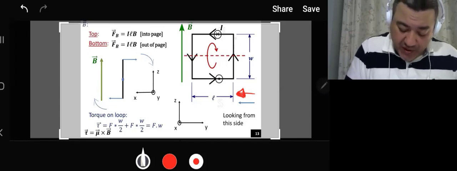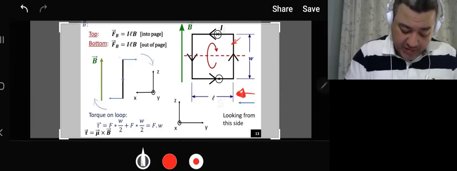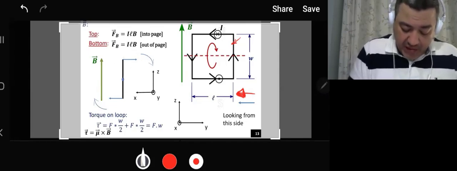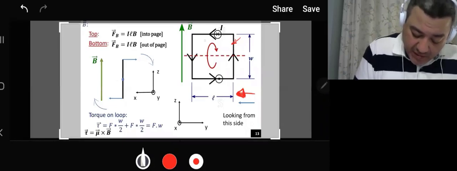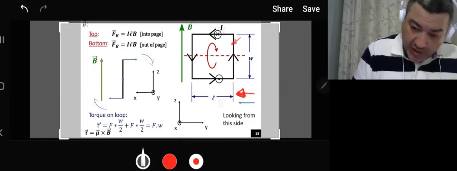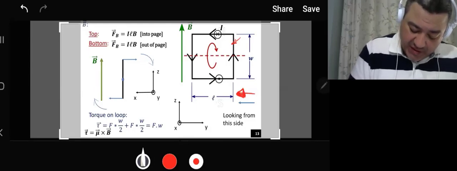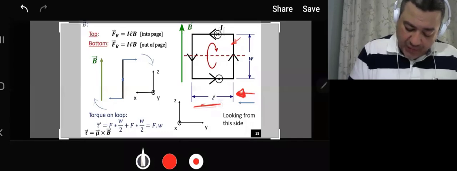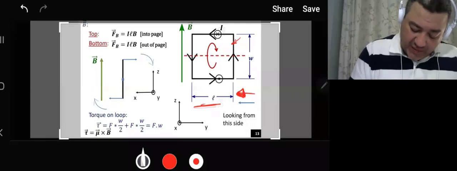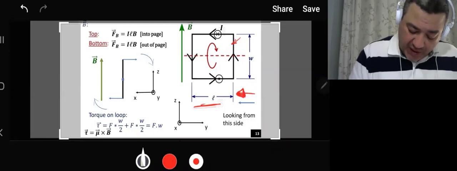What you are going to see is this side here, and this is the force, the top one. When we were looking at the screen, we saw that the top force is pointing into the page, the bottom force is pointing out of the page.